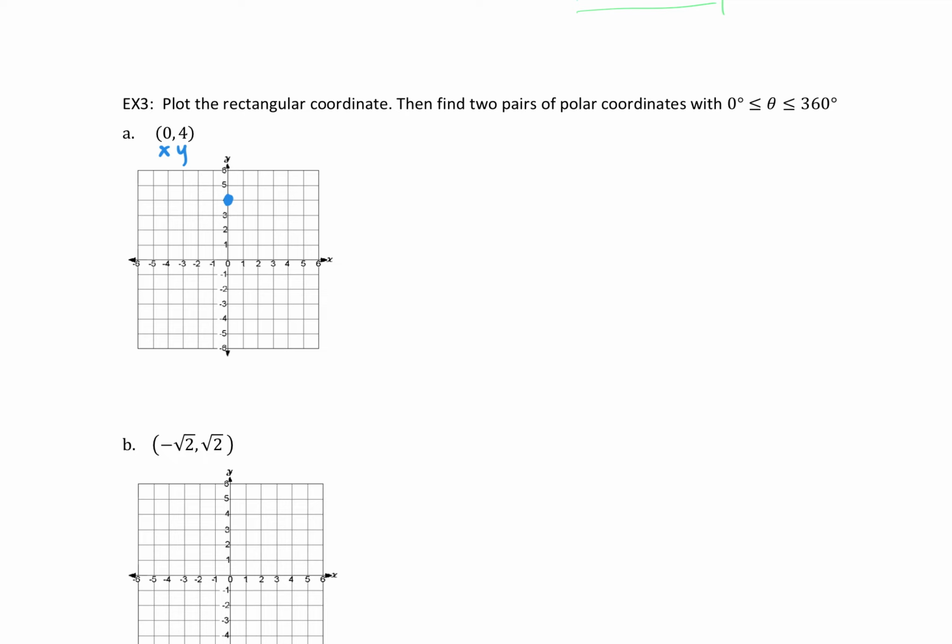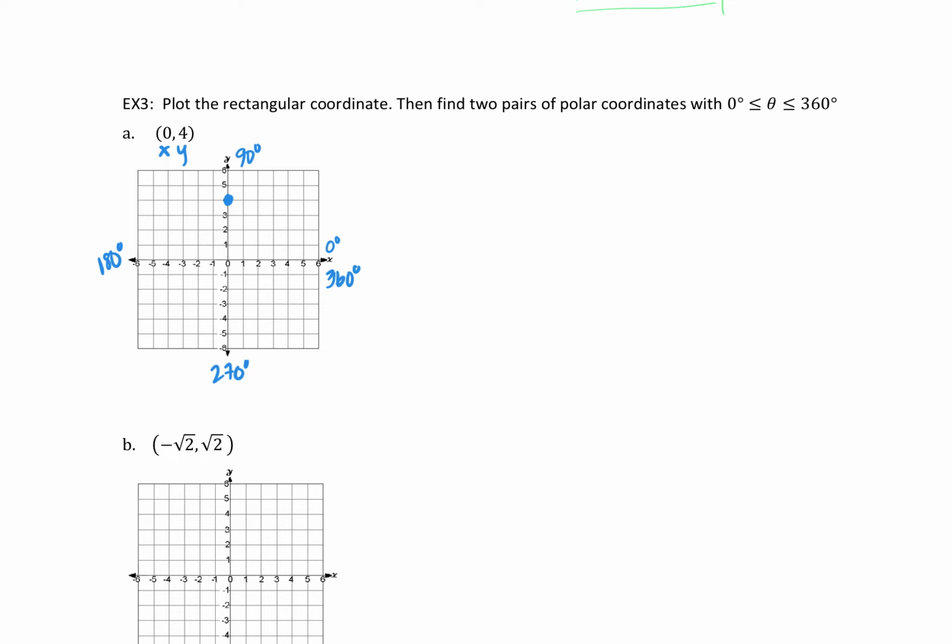So I can look at that point and imagine that this is going to be 0 degrees, 90 degrees, 180, 270, and then when I come all the way back around, I'm at 360 degrees. So we're going in degrees, and imagine our theta starting at that positive x-axis like we've been doing this whole time when we were graphing circles, and we're going to go around.